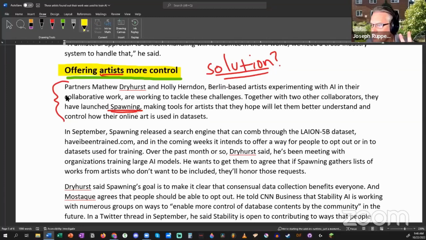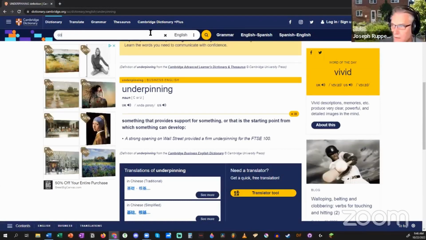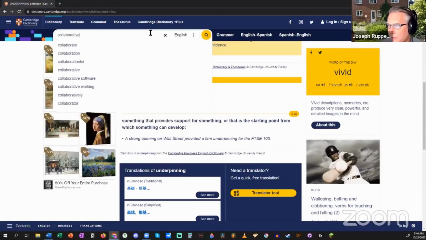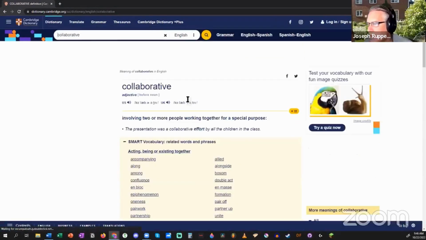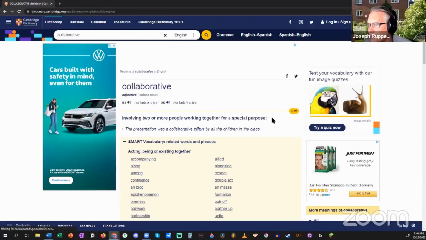Okay, a couple of words I want to deal with here. Collaborative, tackle, and understand. All right, so collaborative. The meaning of collaborative. Let's go ahead to our dictionary here. Collaborative: involving two or more people working together for a special purpose.